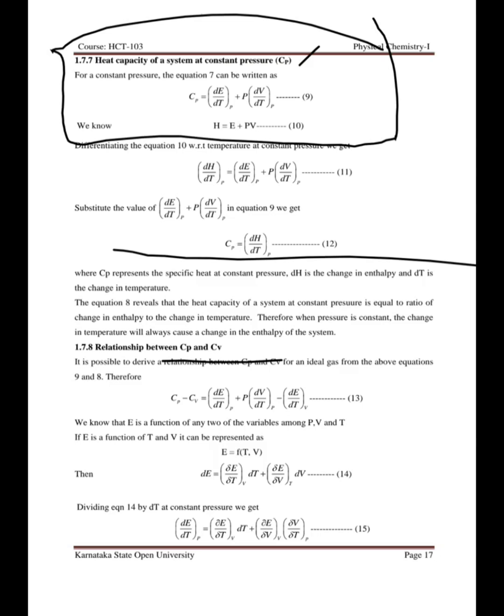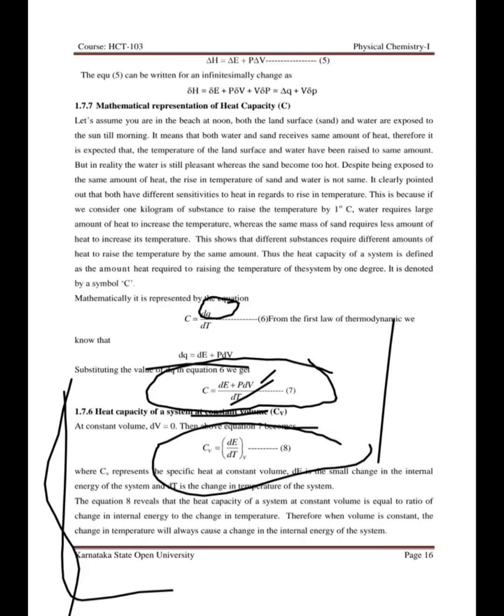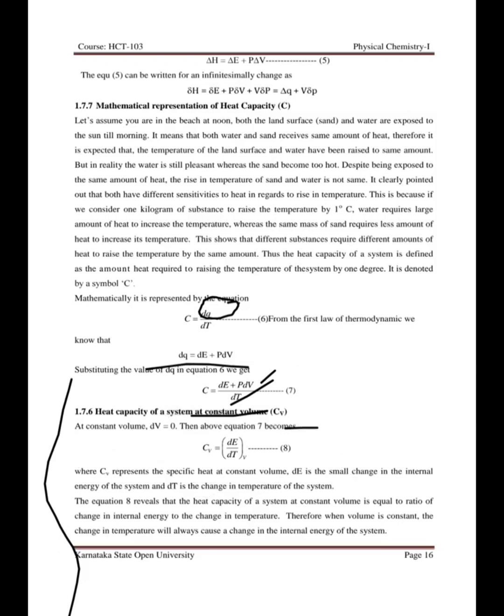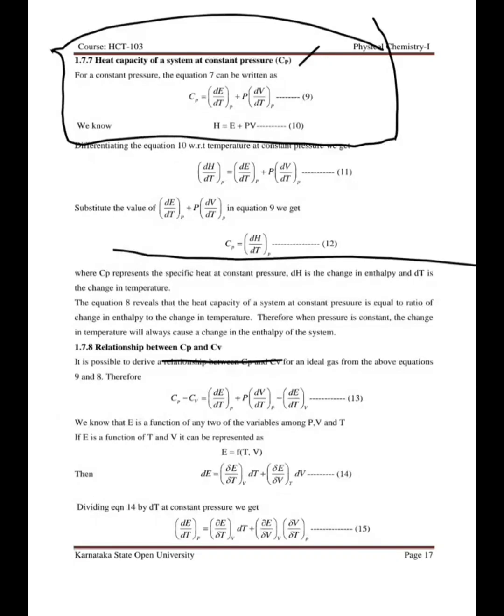Taking the expression we derived for the heat capacity at constant volume, and the heat capacity at constant pressure, we express the relationship between them.